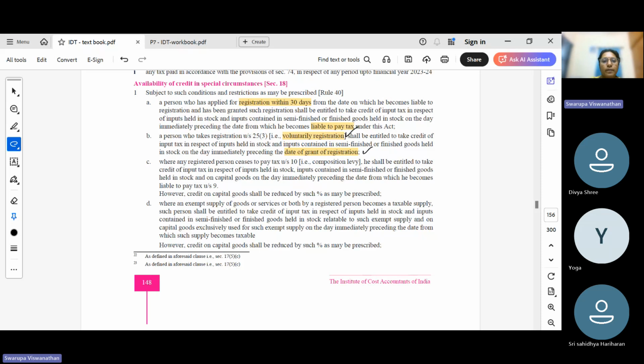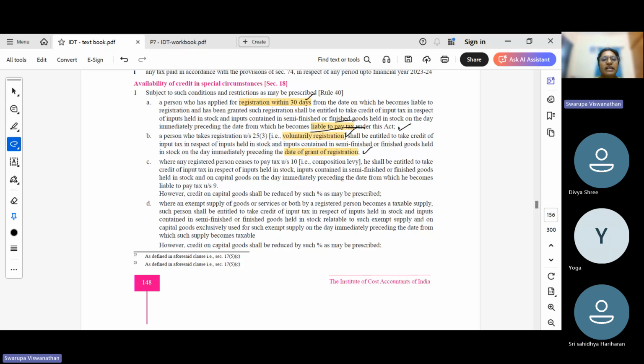With respect to compulsory registration, if the registration is taken within 30 days from the date you are liable to get registered, then credit will be availed on the stock that is lying in hand on the day immediately preceding the day the person was liable to pay tax or liable to be registered.